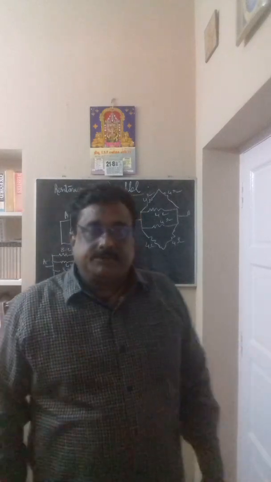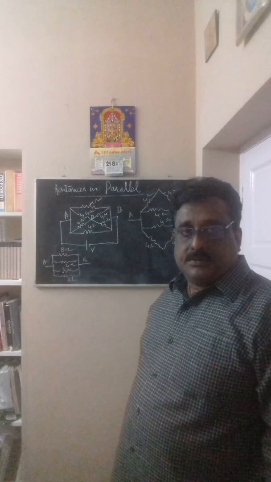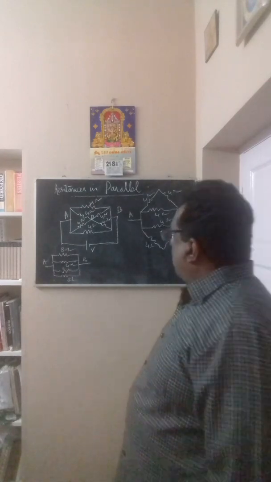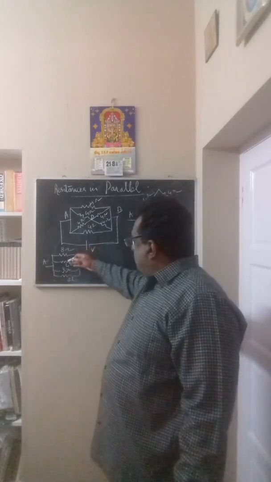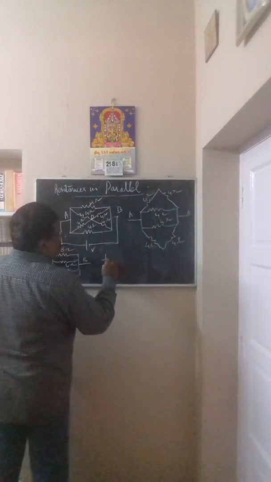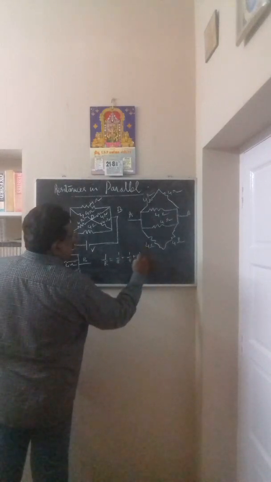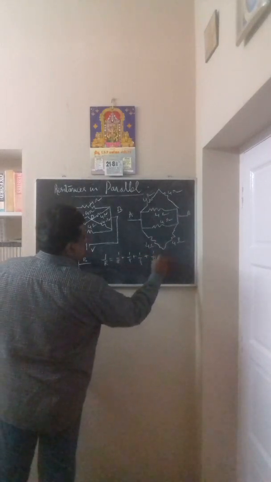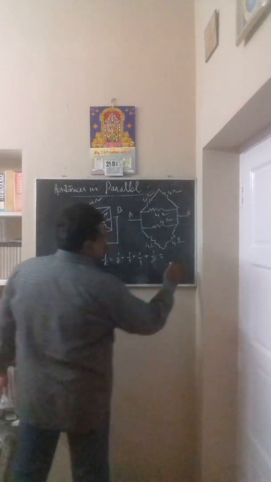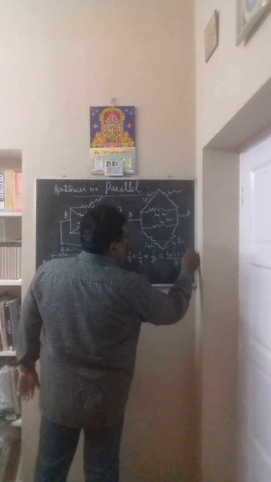So you have got the equivalent circuit of this. Now all these resistances 8 ohm, 4 ohm, 4 ohm and 8 ohm are in parallel. So I do 1 by R is equal to 1 by 8 plus 1 by 4 plus 1 by 4 plus 1 by 8, which is equal to, you take the LCM 8, this will be 1 plus 2 plus 2 plus 1.